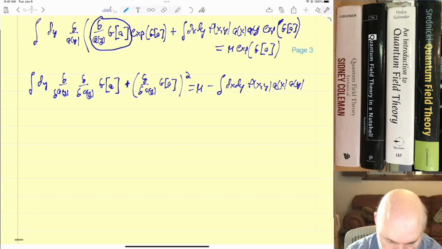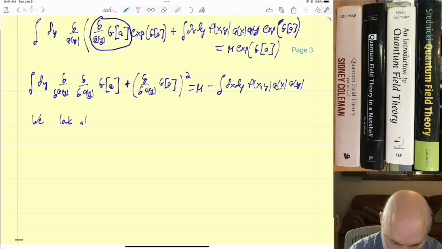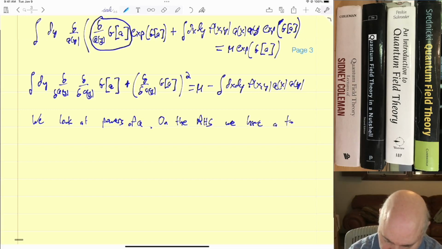And the easy way to do this most of the time is, we look at powers of a. So on the right-hand side, we have two terms. We have a term with 0 powers of a. That's the μ term.